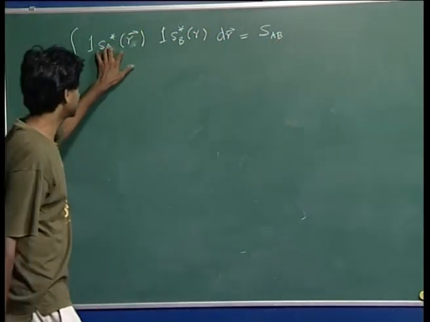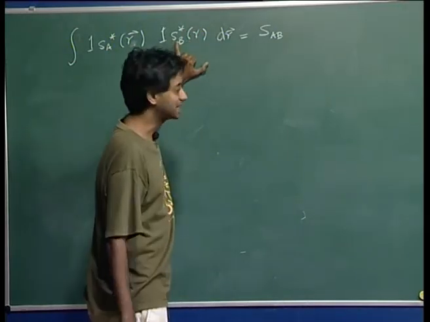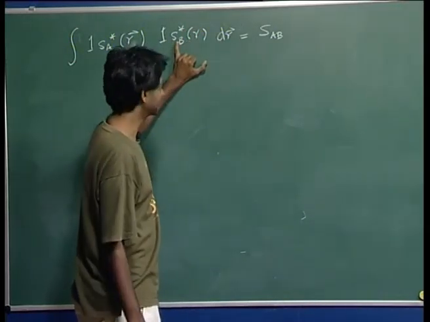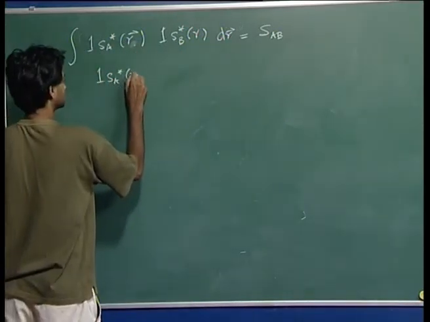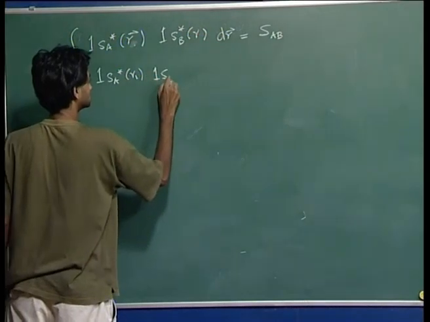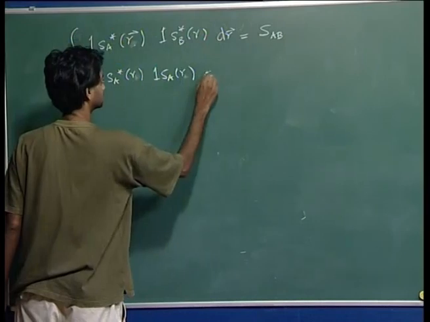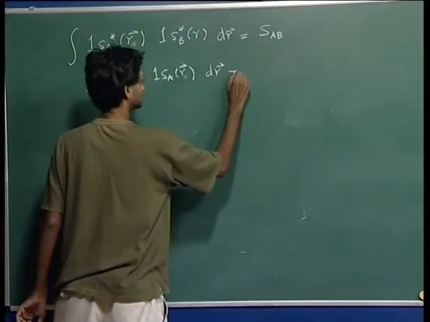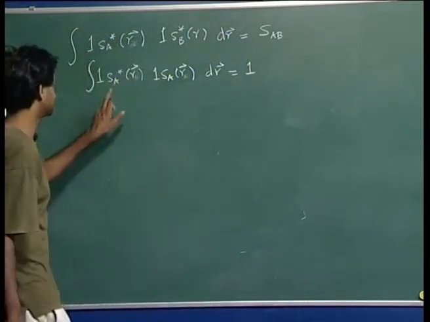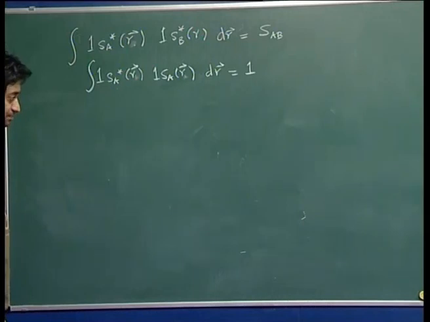If you had 1SA and 1SA, that is SAA, which is just 1. Similarly, if you had 1SB, 1SB, it would be 1.